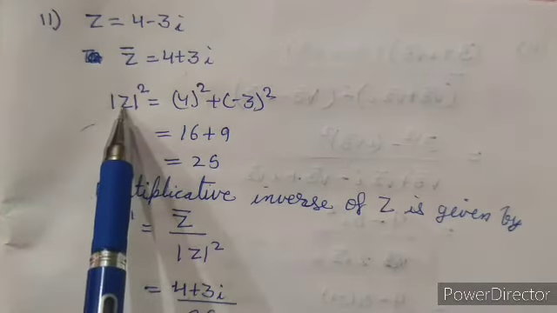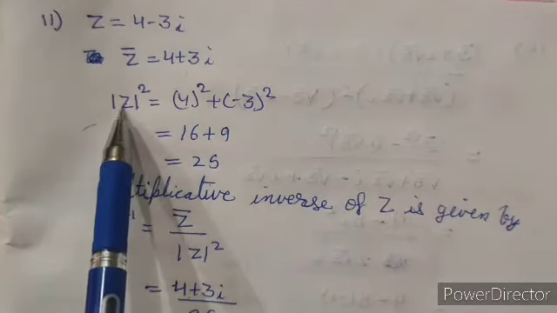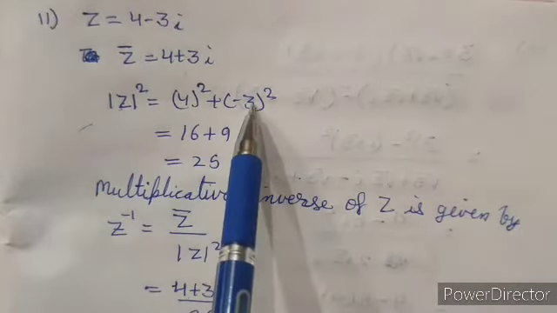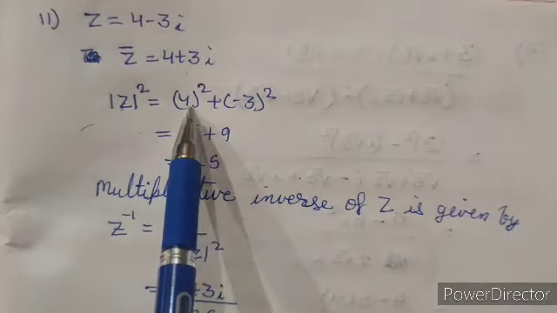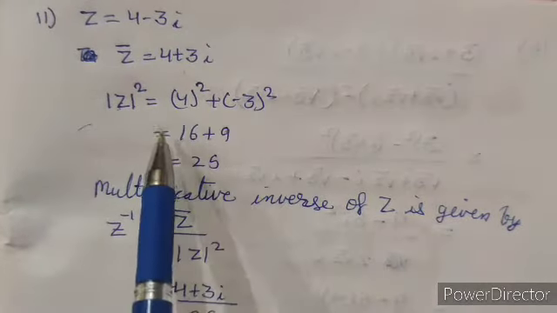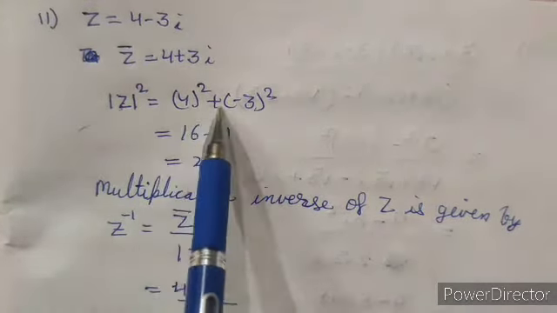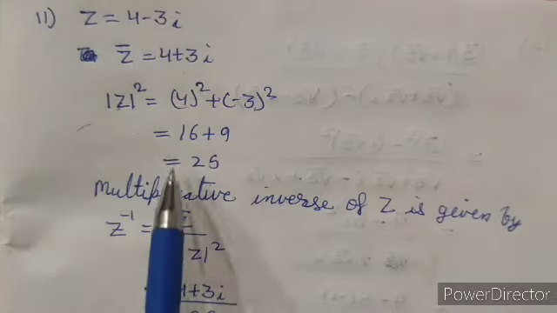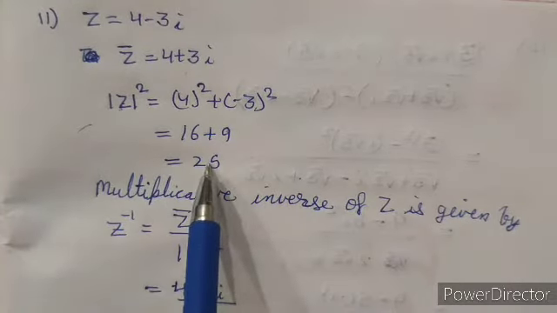Now, modulus of z square will be equal to a square plus b square, or square of the real part plus square of the imaginary part, and that will be equal to 4 square plus minus 3 square, as here real part is 4 and imaginary part is minus 3, and that will be equal to 25.